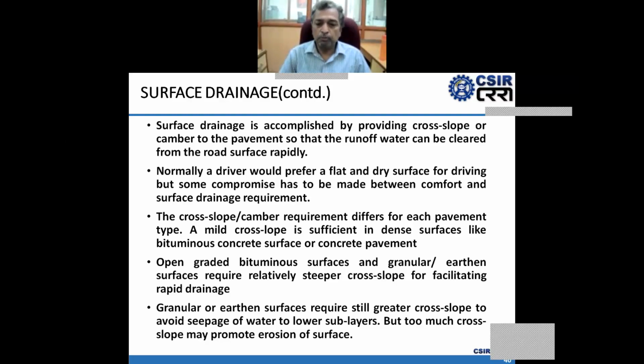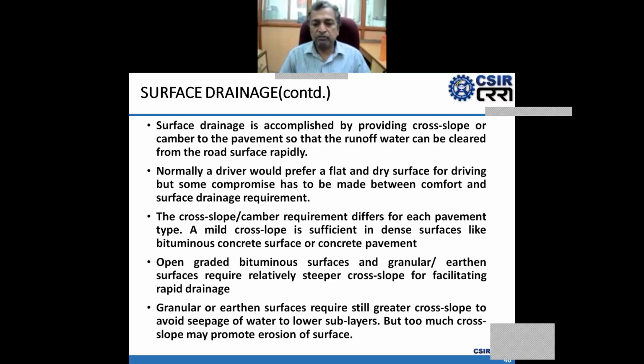The cross slope or camber requirement differs for each pavement type. A mild cross slope is sufficient in dense surfaces like bituminous concrete surface or concrete pavement. Open graded bituminous surface and granular earthen surface require relatively a steeper cross slope for facilitating rapid drainage.